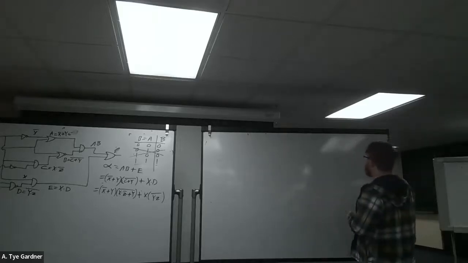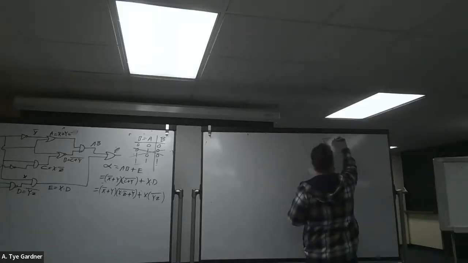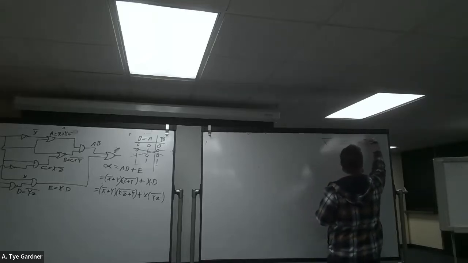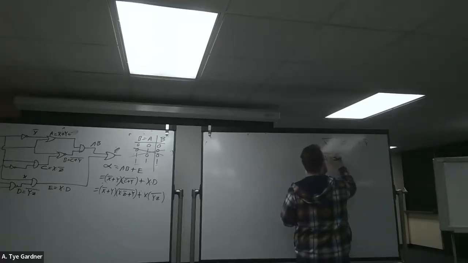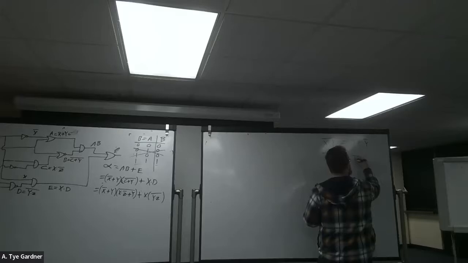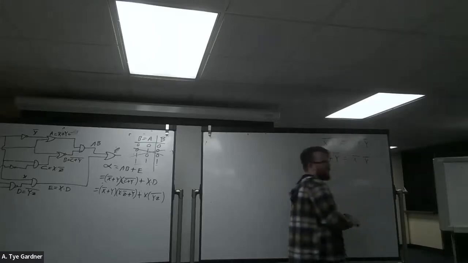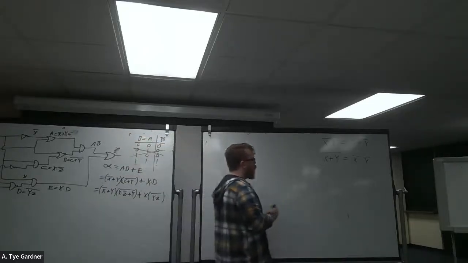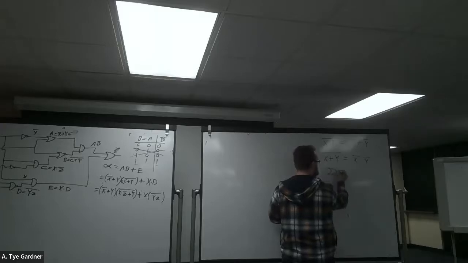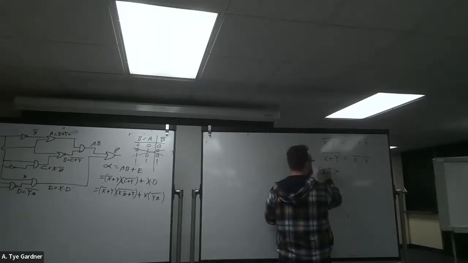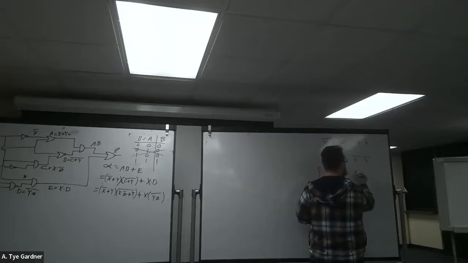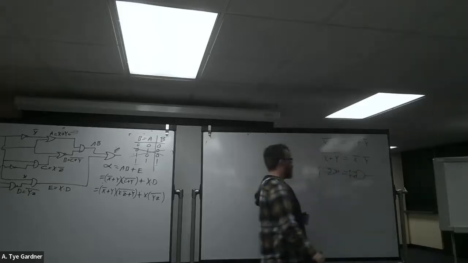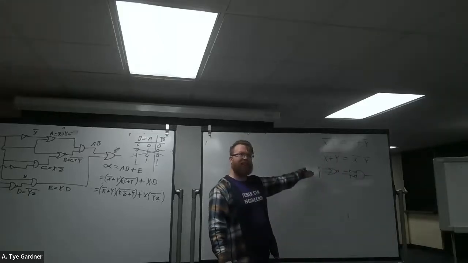And all De Morgan's theorem says is that not (X and Y) is equal to not X or not Y. And similarly, not (X or Y) is equal to not X and not Y. Right? That's all this is saying, right?